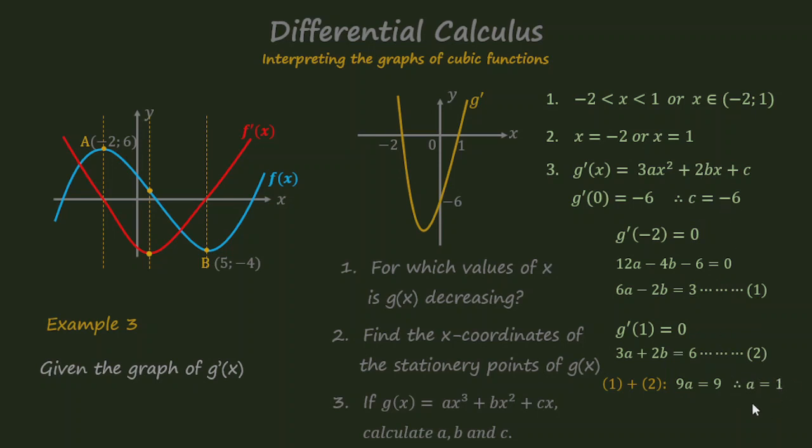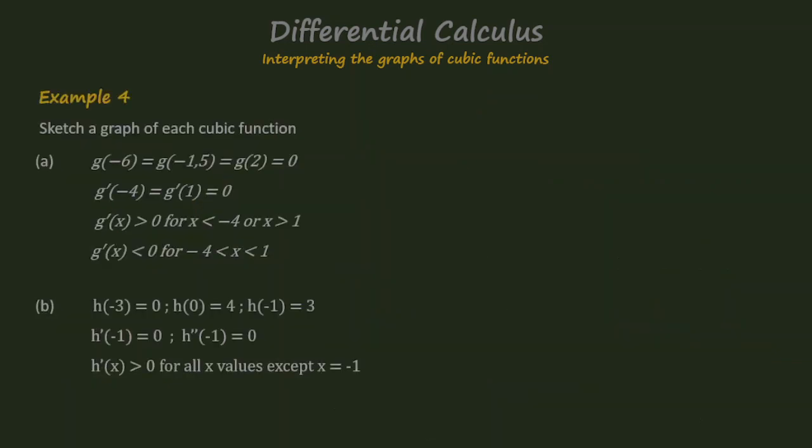Then I can take a equals 1 and substitute it in either equation. I'm simply going to substitute it in equation 2 to get my b. Wherever I see a, I put 1, then b will be equal to 3/2. So the values that I've been required to find are a equals 1, b is 3/2, and c is -6.